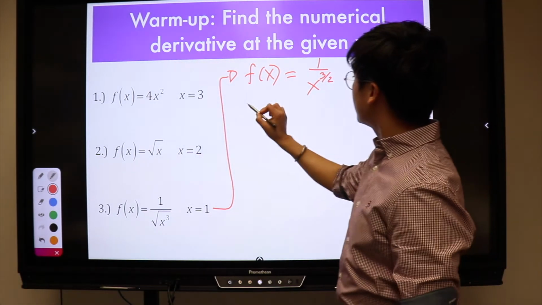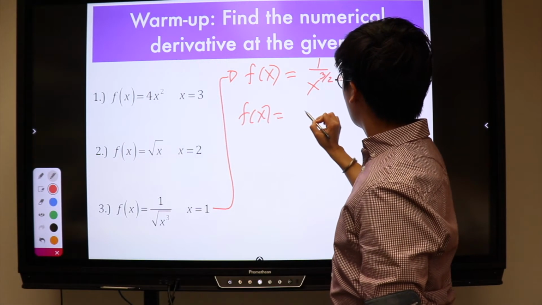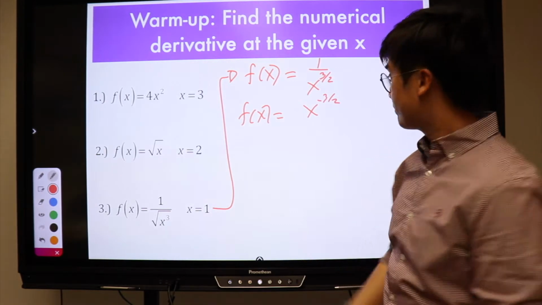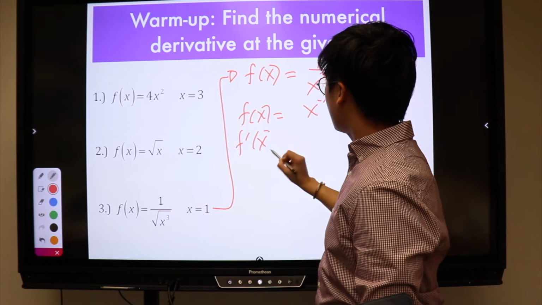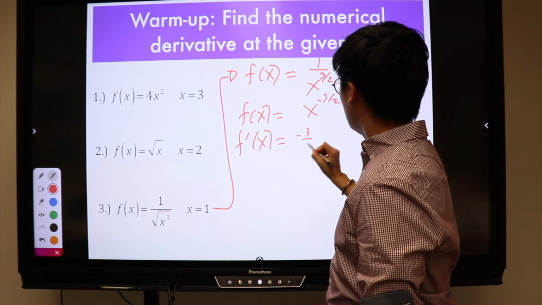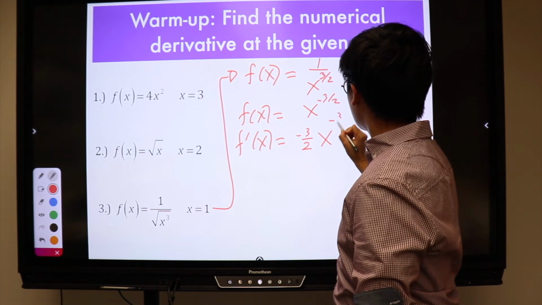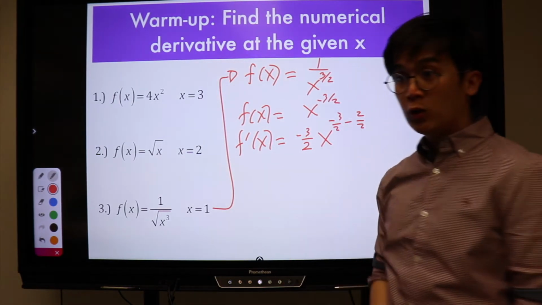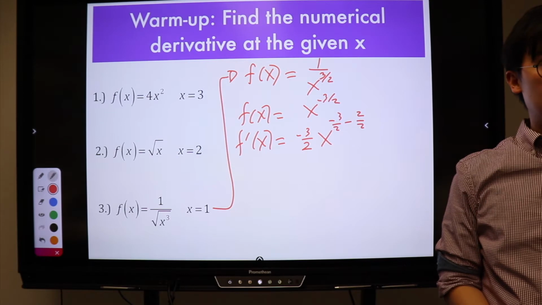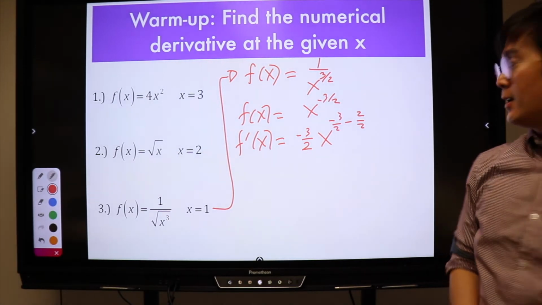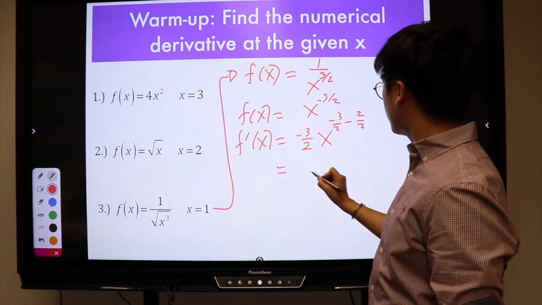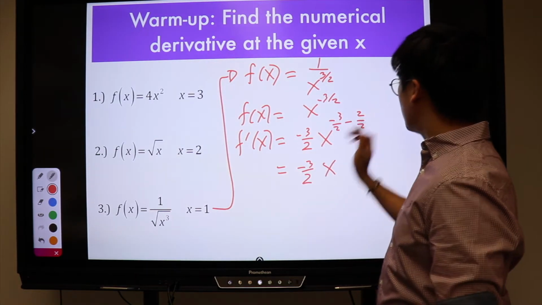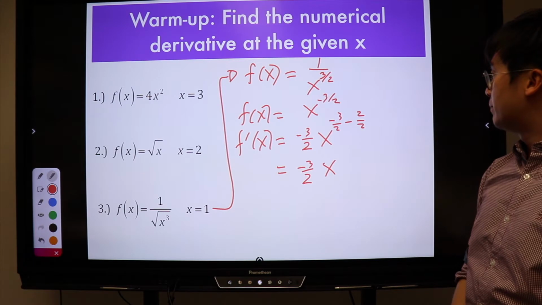And then this will turn into x to the negative 3 all over 2, right? f prime of x is equal to negative 3 all over 2, x to the negative 3 all over 2 minus 2 all over 2, right? And then this will turn into negative 3 all over 2, x to the, what's negative 3 all over 2 minus 2 all over 2?